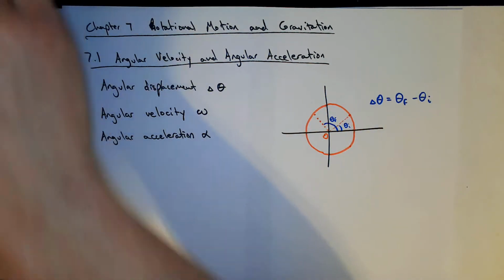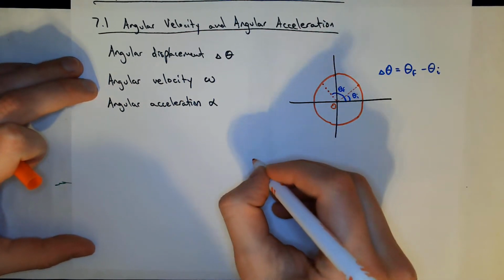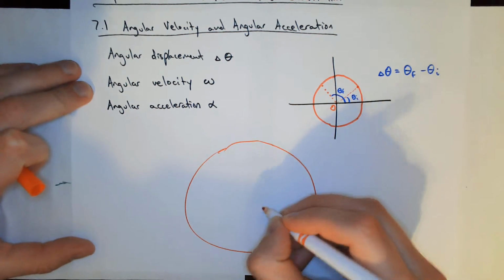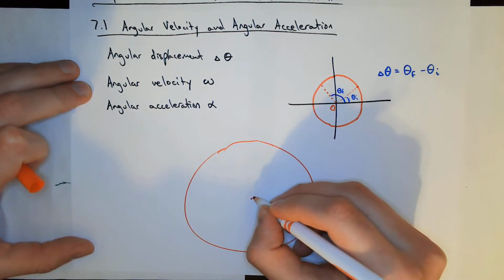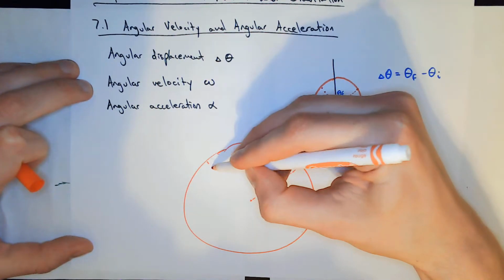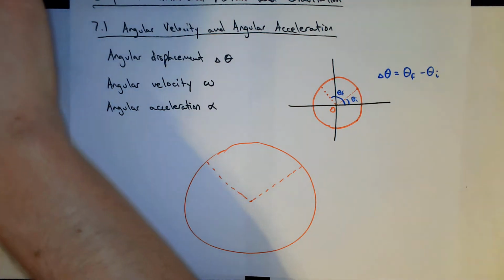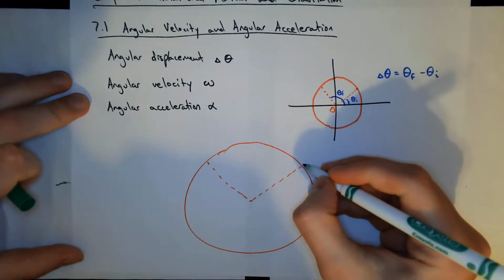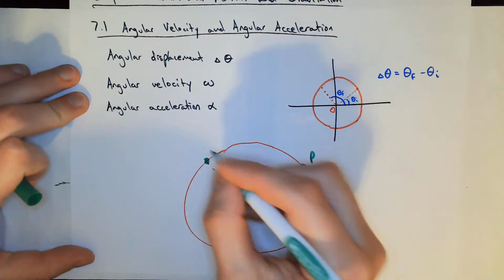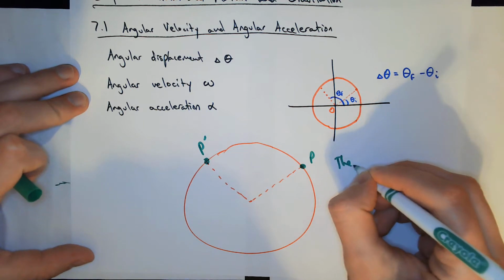So for instance, let me blow this picture up a little bit. Okay, so we have the center and theta i, and then theta f over here somewhere. So some point P traveling to some new point P prime.